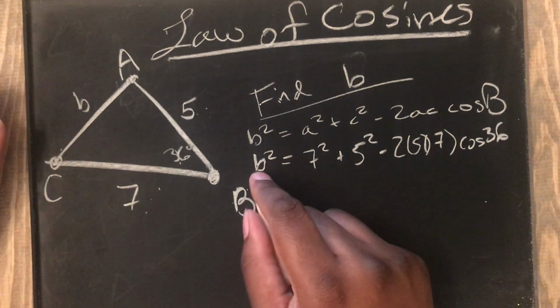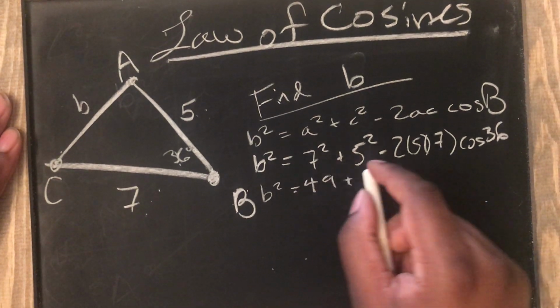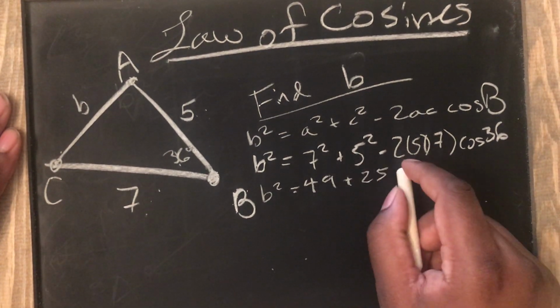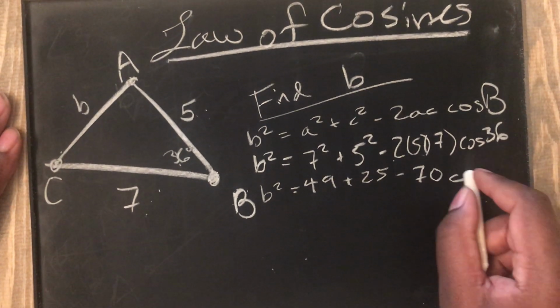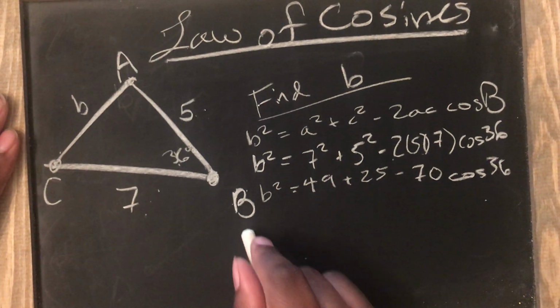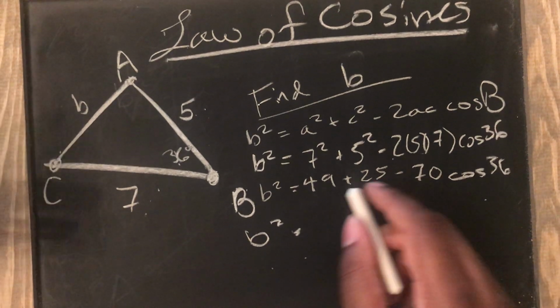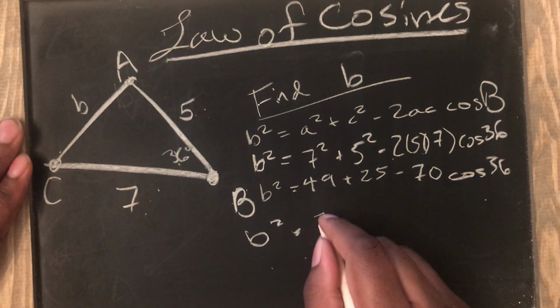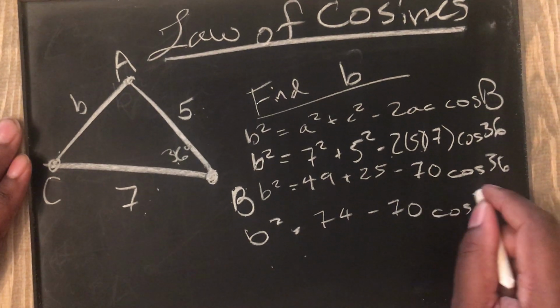Therefore, b squared equals 49 plus 25 minus 2 times 5 is 10, so 70 cosine of 36. So b squared equals 74 minus 70 cosine 36.